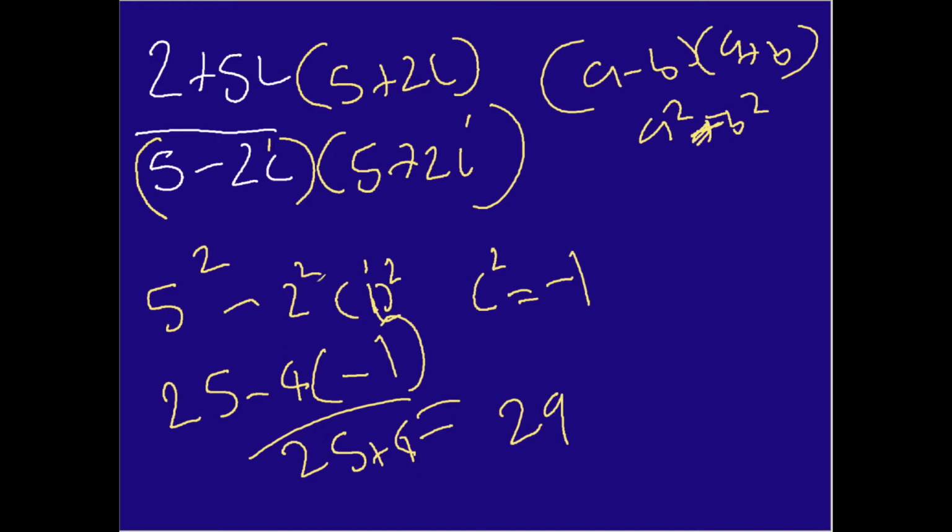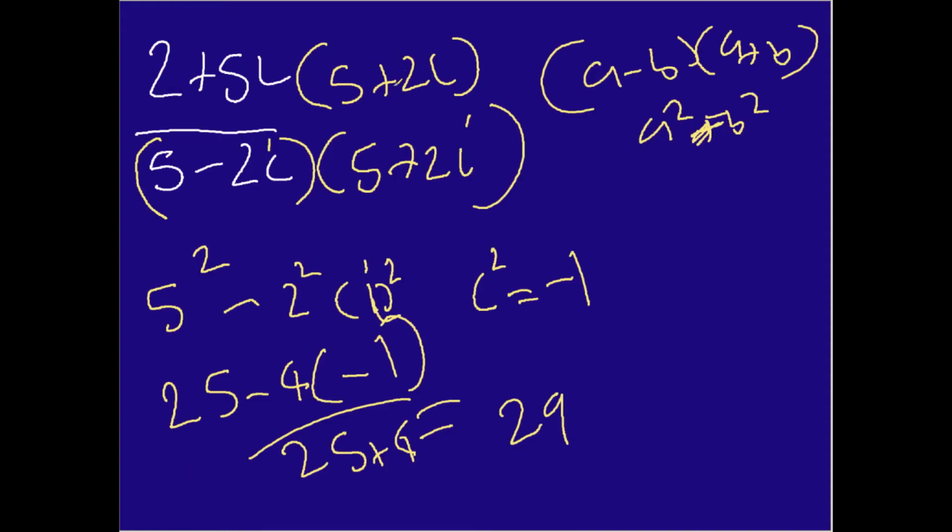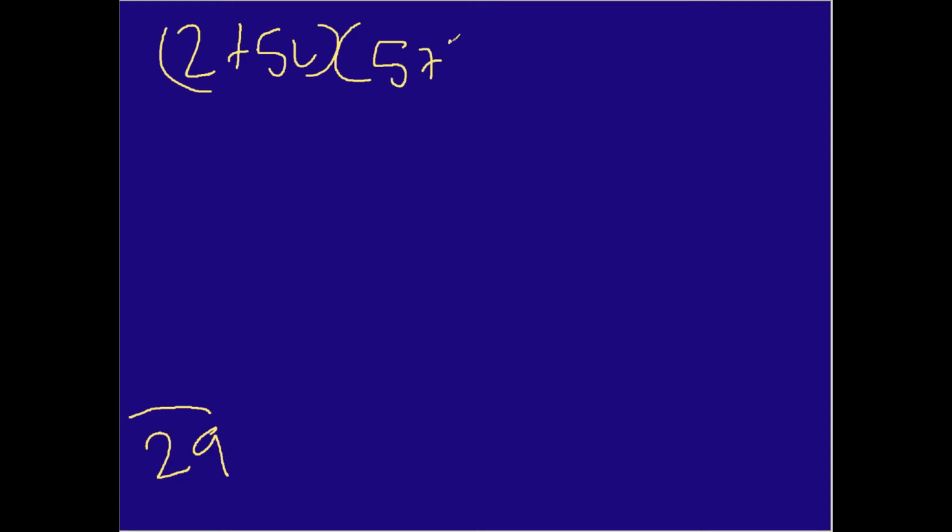I'm going to put that right here at the bottom. Now for my numerator, I have 2 plus 5i, and then 5 plus 2i. This can be done with a basic FOIL method or however you want to distribute the terms.